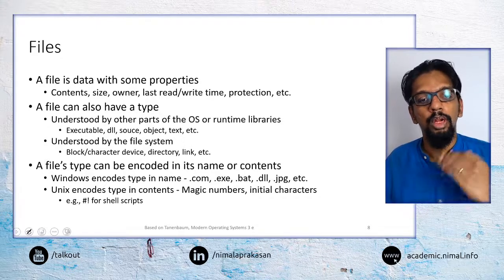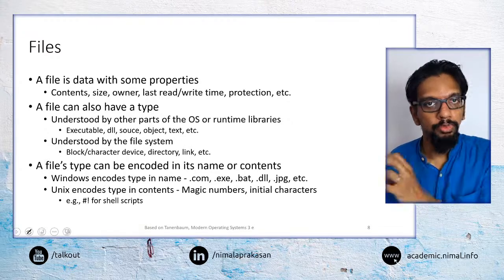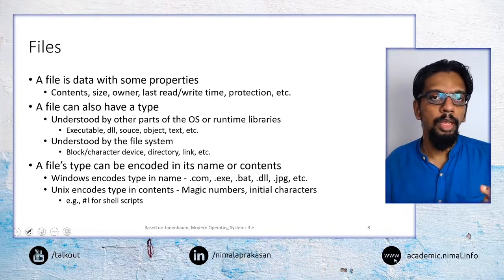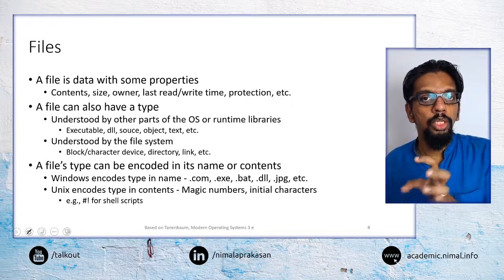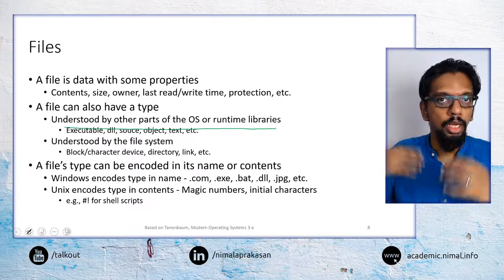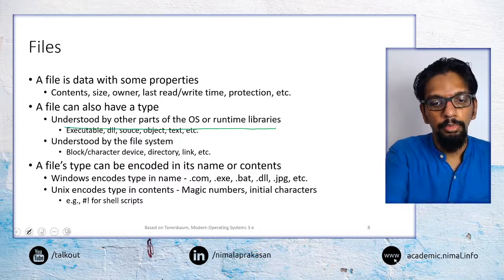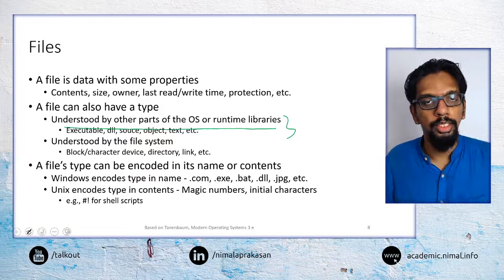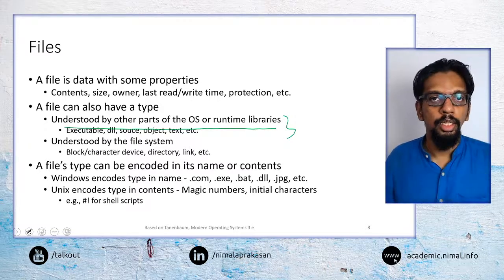Then we may also have what are called special file types. We will discuss this a little bit later. So these are file types that are mostly used by the system. There will be some file types that are used by the operating system, but you may see them. Say you can see a DLL file or an exe file in a directory.